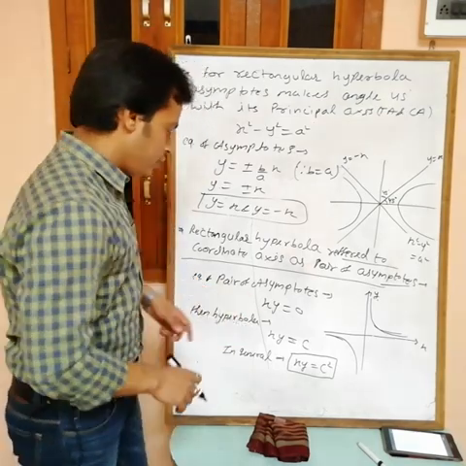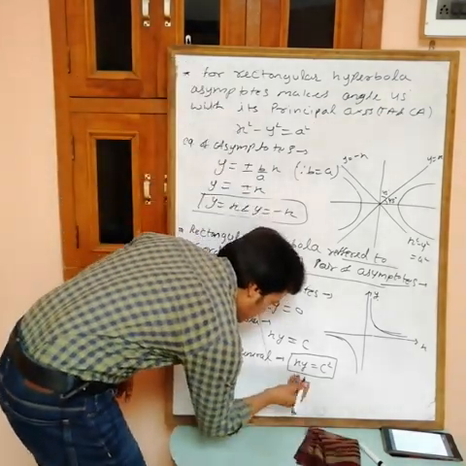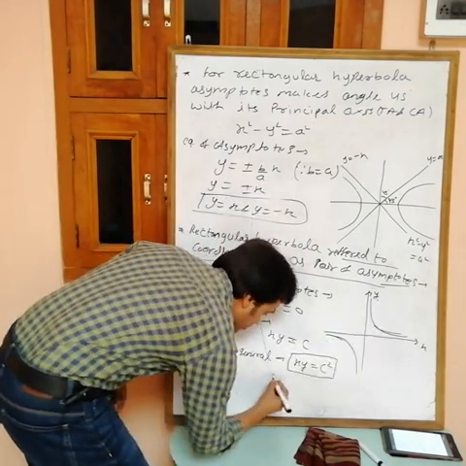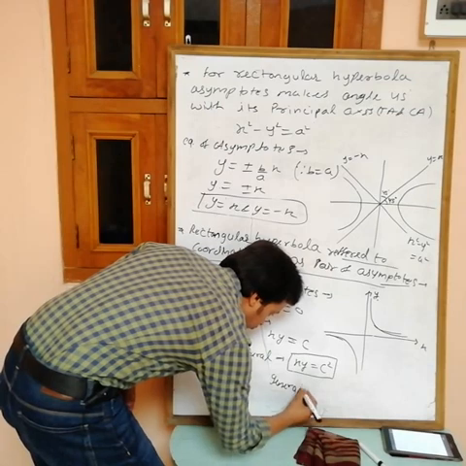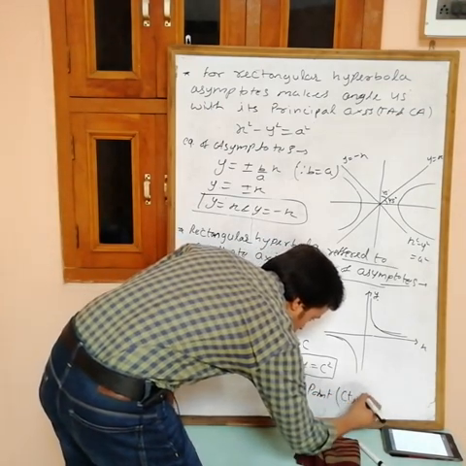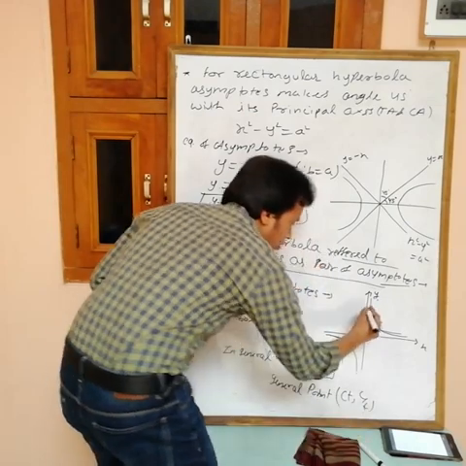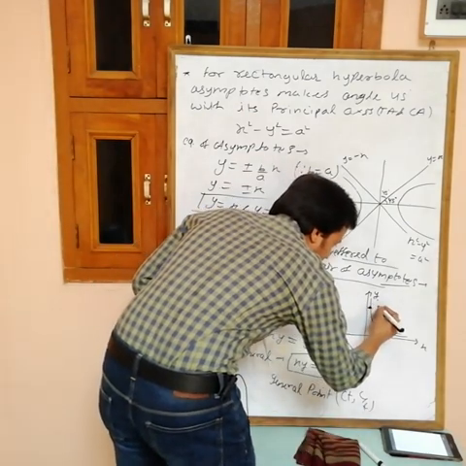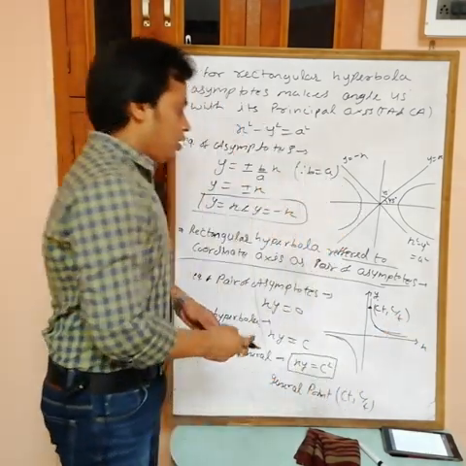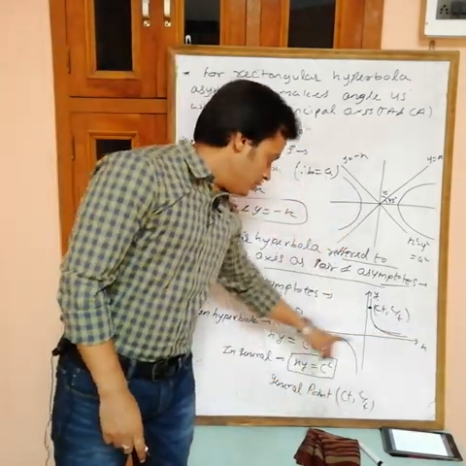In this case, for the general point of this hyperbola, this is the equation of this hyperbola. The general point is ct comma c by t. Any point on this hyperbola can be assumed as ct comma c by t. Now see, this point always satisfies this equation.